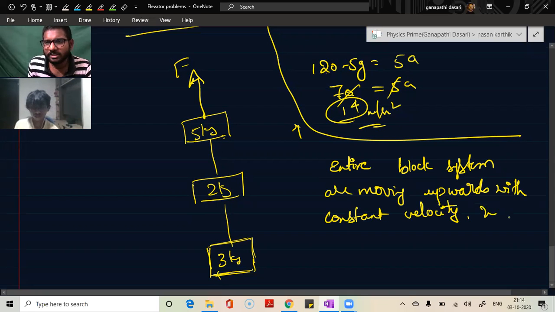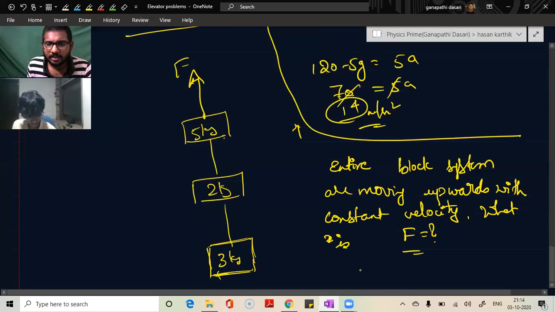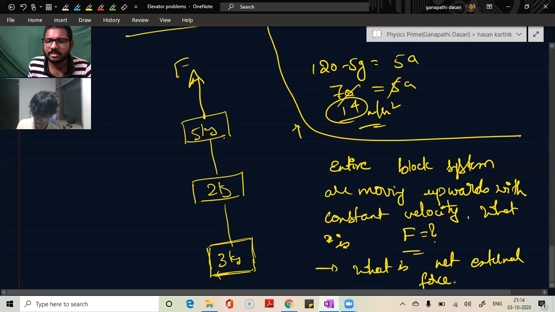Two questions I will ask you. What is F? Other question is, what is the net external force, or otherwise net force acting on the system.